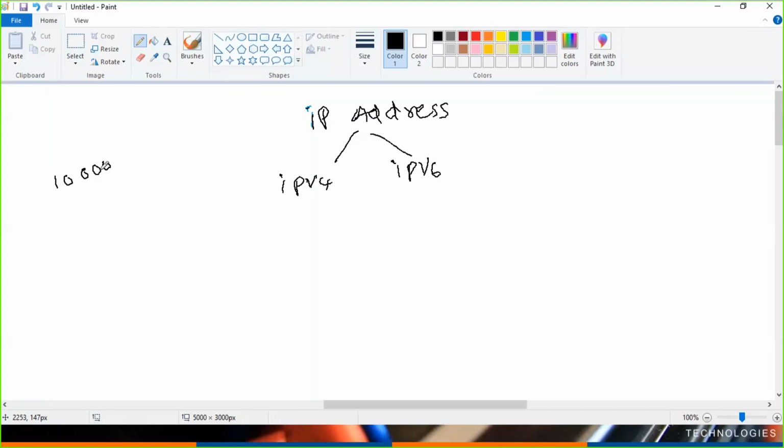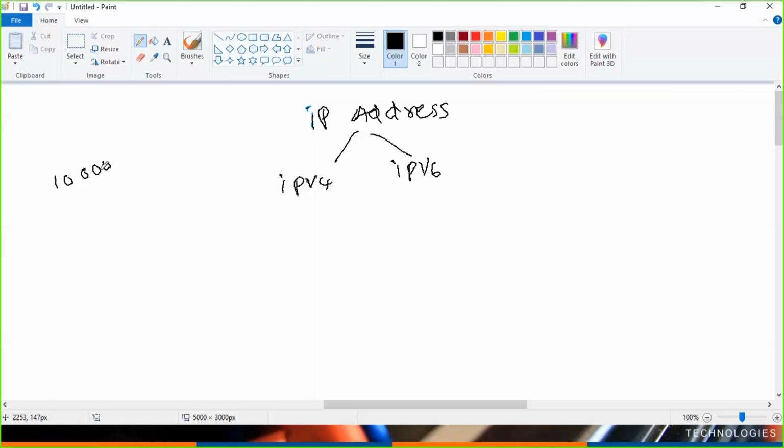And what happened is that suddenly internet usage, number of websites, equipment, technology, grew very heavily.